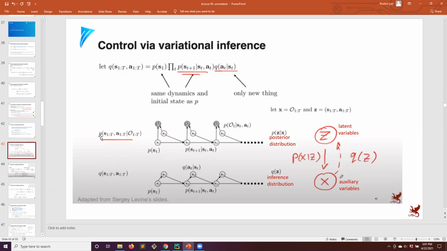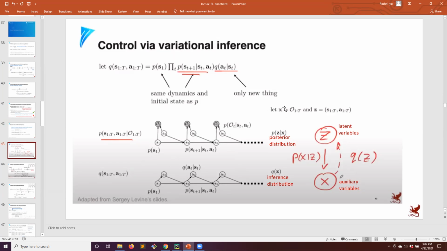When we have this optimal policy here, and then this is the q, we can visualize it like this, as a hidden Markov model where we have these optimality variables, which are what's observed or auxiliary, and then we have the state and the actions, which are the latent variables. And when we look at this q, which is just dependent on the state and the actions, we can visualize this as just a regular MDP.